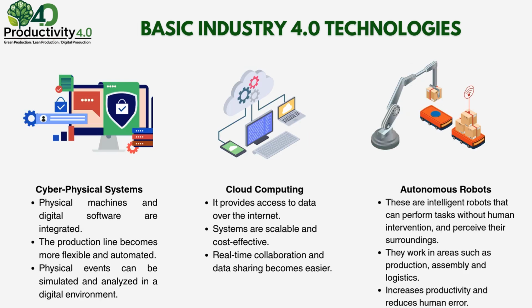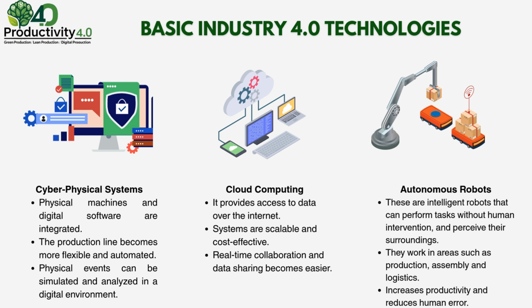Industry 4.0's basic technologies have the potential to revolutionize production processes. First, cyber-physical systems create a strong integration between physical machines and digital software. This makes production lines more flexible and automated while allowing the simulation of physical events in digital environments.